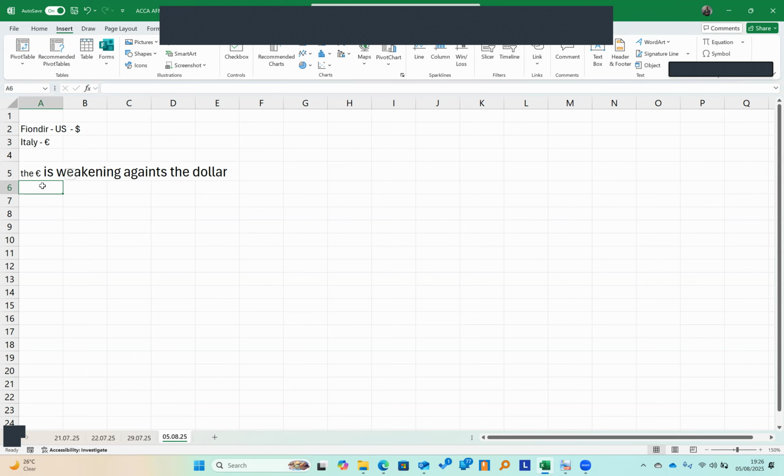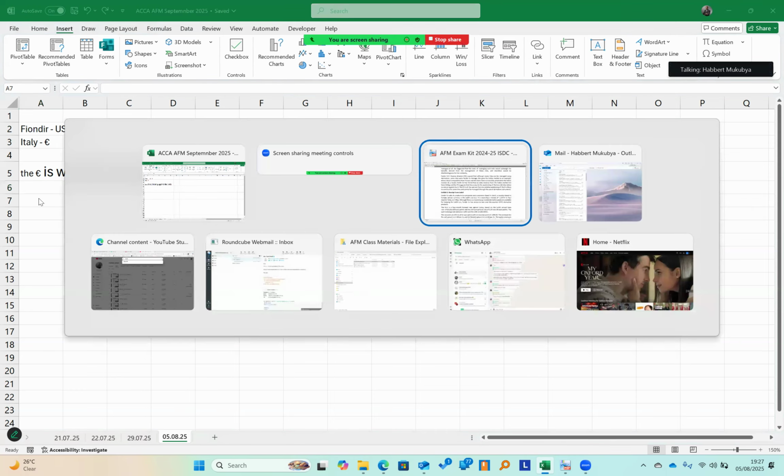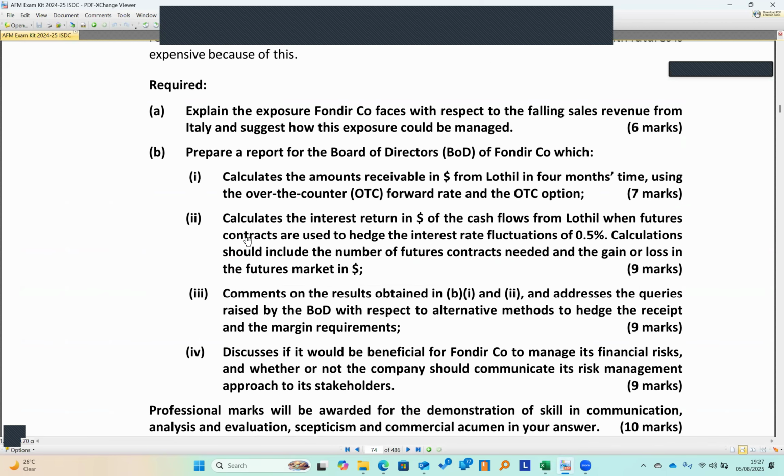Therefore, for them their goods stay cheaper, whereas the goods of Fondir become more expensive. That's why the revenues are falling. So that is one of the first things you need to explain, because they are telling you to explain the exposure Fondir faces.